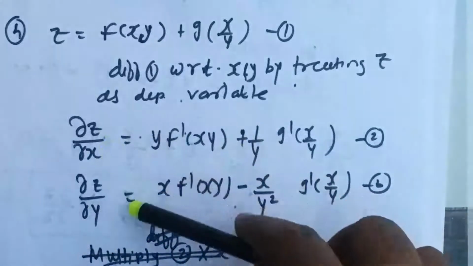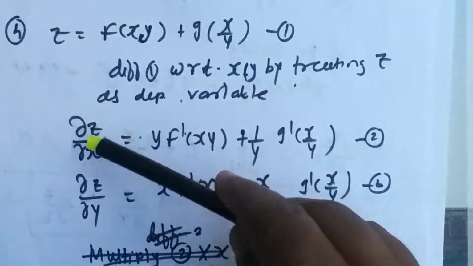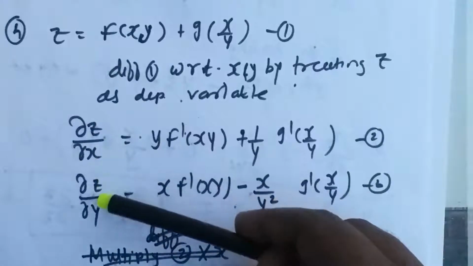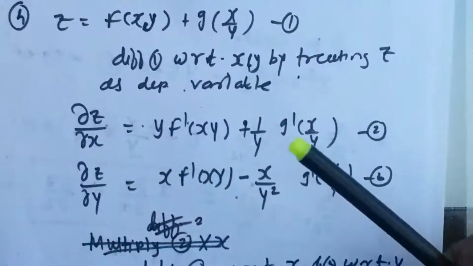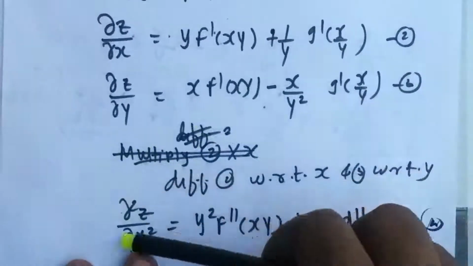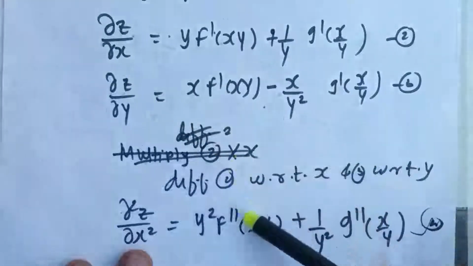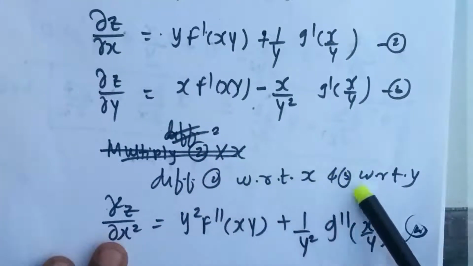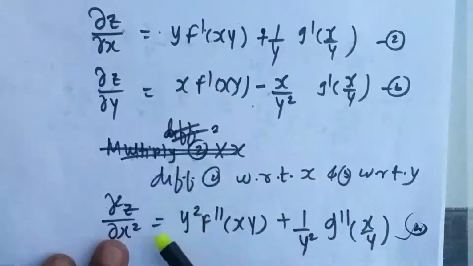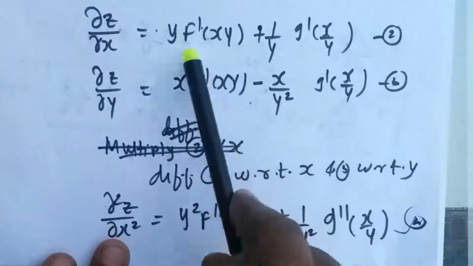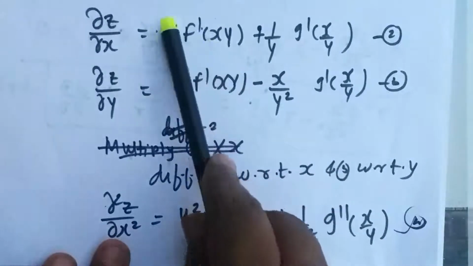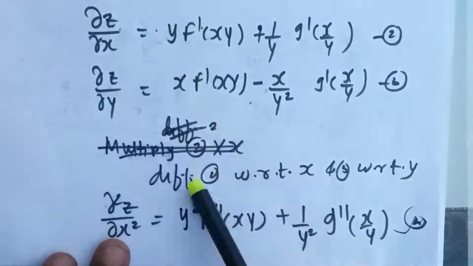Now once we get these two derivatives, differentiate del z by del x one more time with respect to x, and del z by del y one more time with respect to y, to get del 2z by del x square and del 2z by del y square. So differentiate 2 with respect to x and 3 with respect to y. You'll get this. The derivative of this with respect to x again, one more y will come out, and the y is constant at that time, so y will be as it is.